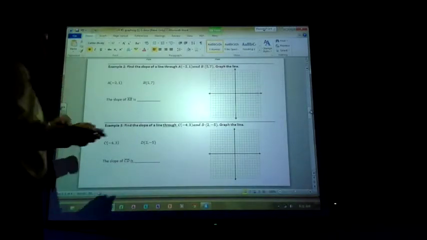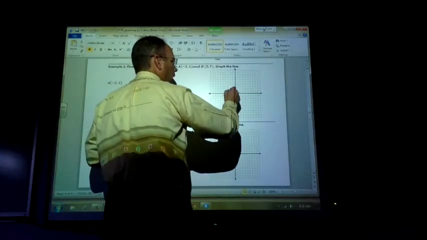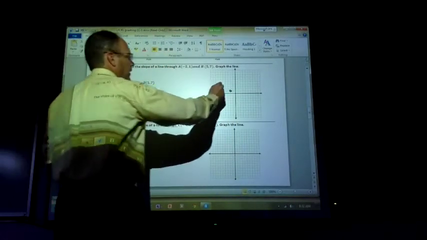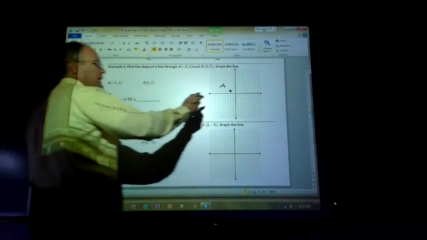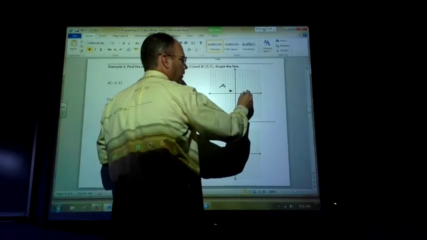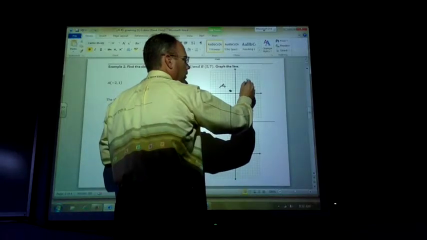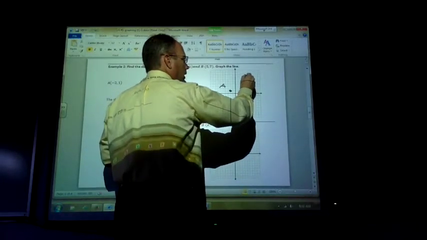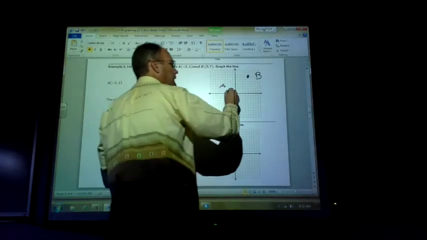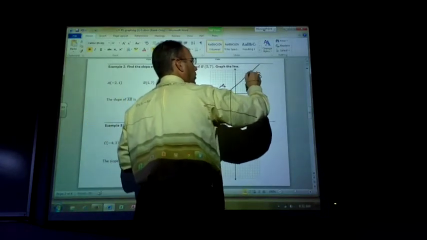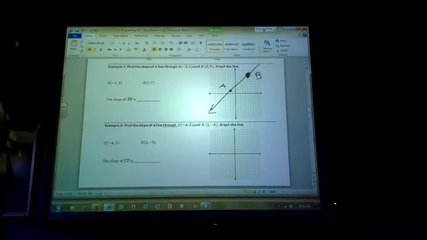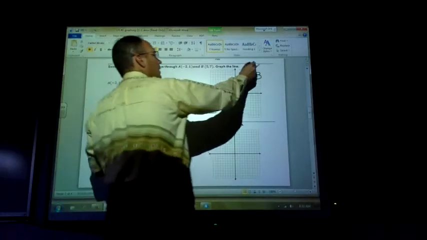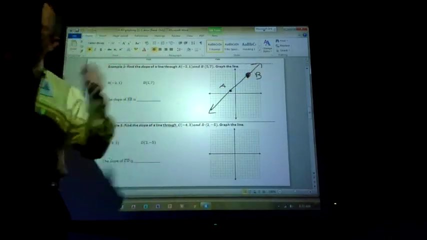So negative 2, 1. I'm going to go negative 2 and up 1. That's my point A. And then 5, 7. So 1, 2, 3, 4, 5, and up 1, 2, 3. That's my point B. Connect the dots and then just keep going right through it. Does the slope appear to be rising or falling? Appears to be rising because it's going to the upper right.